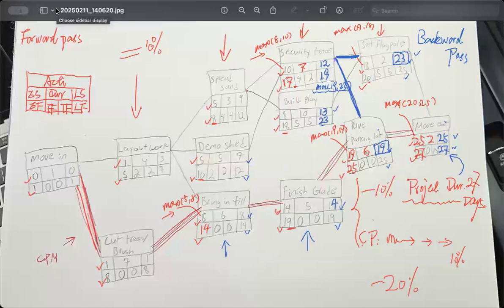But for spread the sands, we have two following activities. So this 12 is the minimum of 12 here and 30 here. Okay, so you get a 12, you get a -3, you get a 9 here. Good.